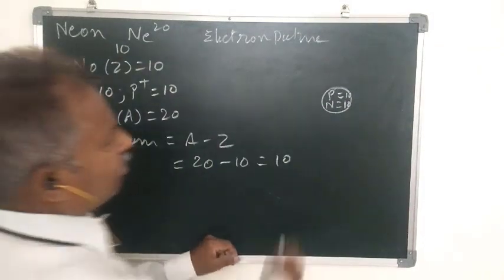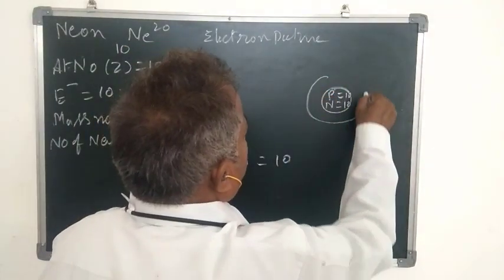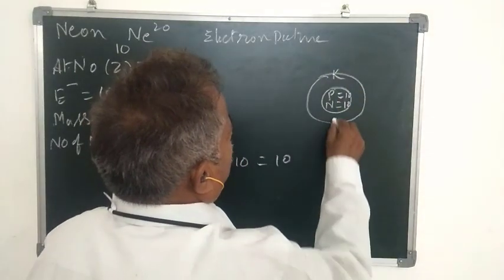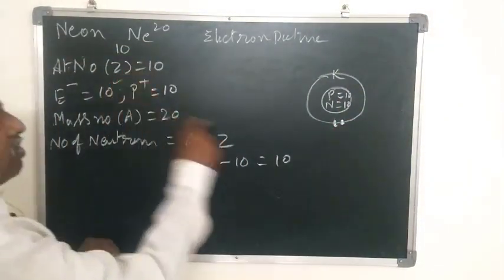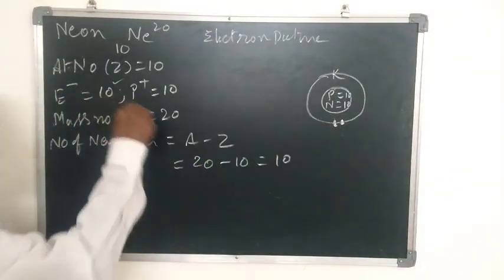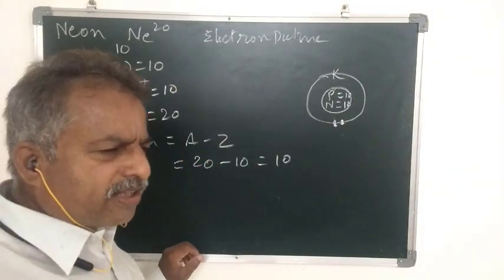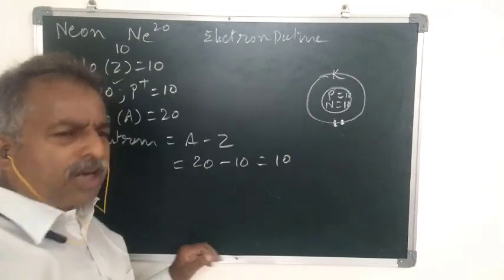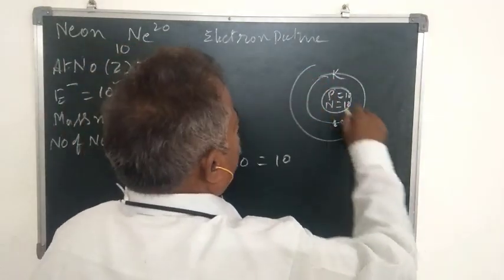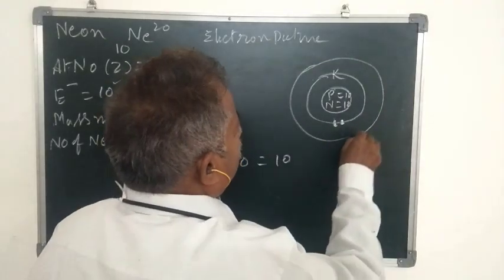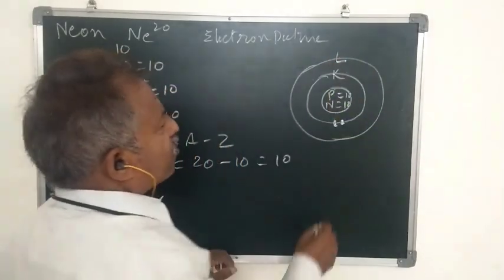As usual, the first shell, the K shell, can accommodate only 2 electrons. Out of 10 electrons, 2 are here, 10 minus 2 is 8, and 8 electrons can be accommodated in the second shell, which is of course the maximum number of electrons. So this is the L shell.